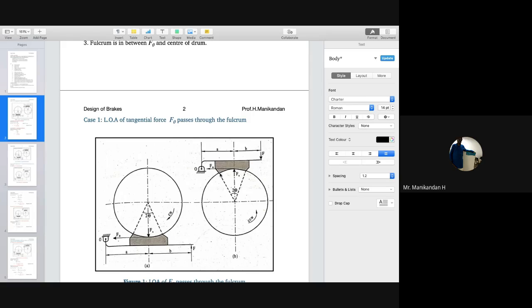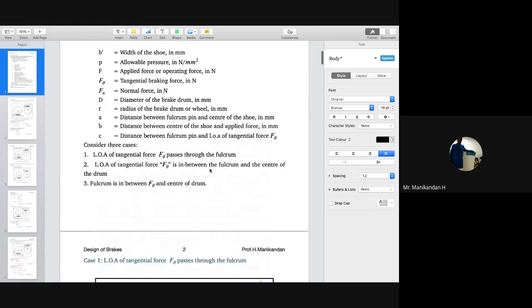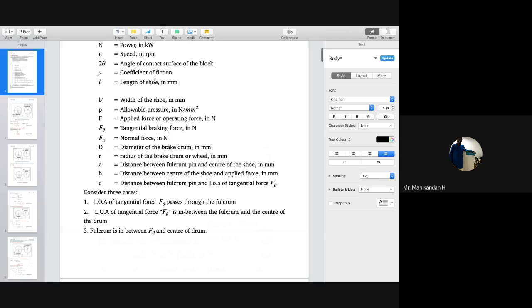The area of the brake drum in contact with the brake shoe is the sector of this circle, given by the subtended angle 2 theta. That is called the angle of contact surface of the block.